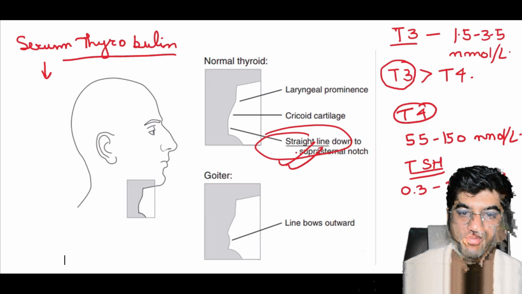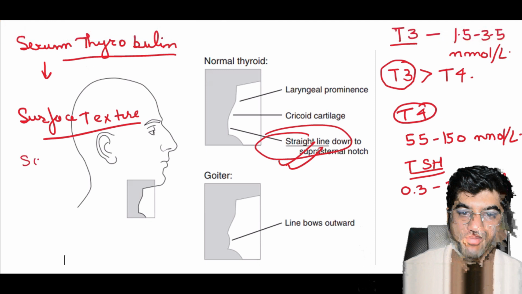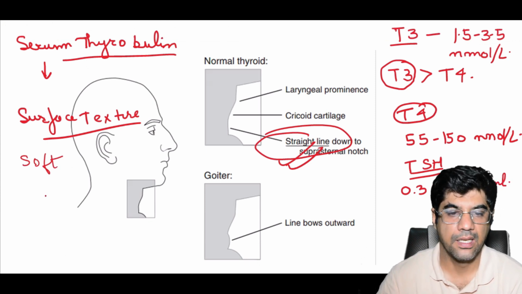Now, the thyroid swelling may have different surface texture. They may have a soft texture that may indicate condition like puberty goiter or Graves' disease.